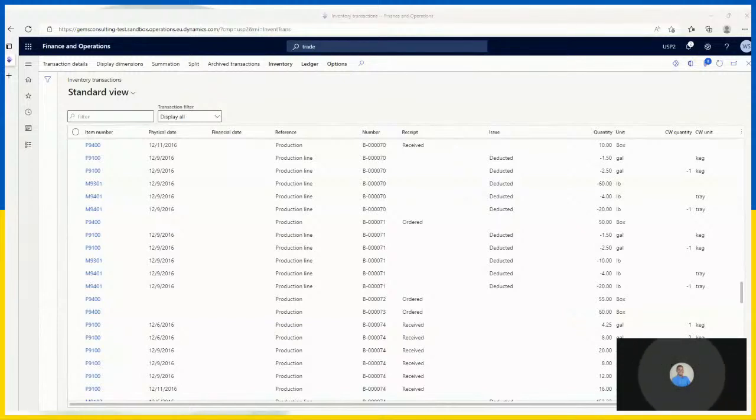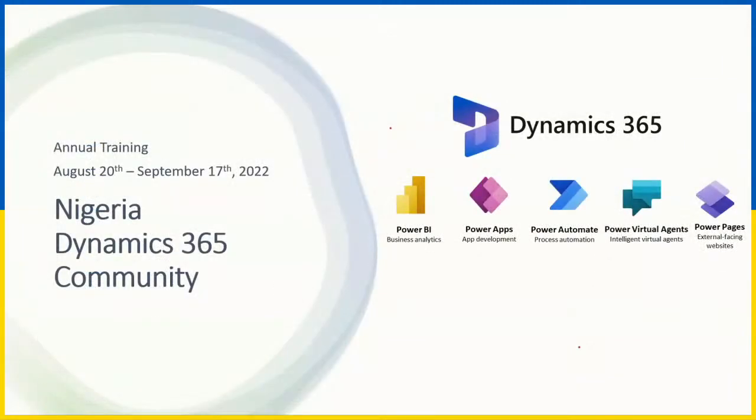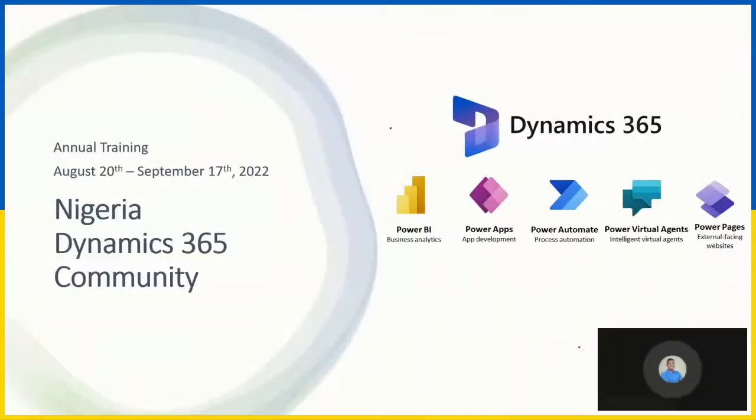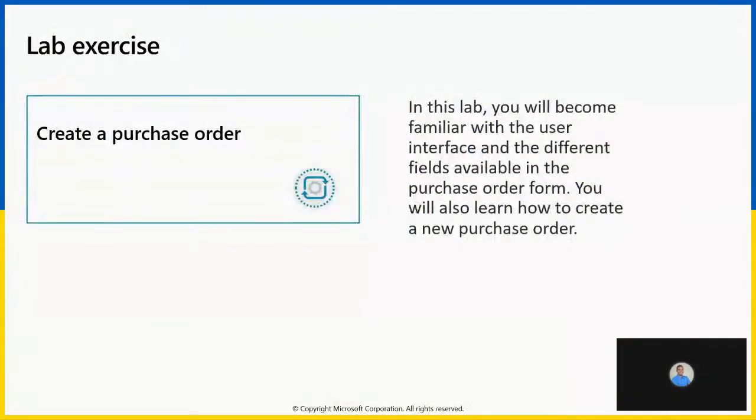Okay, so we have a lab that says create a purchase order, which we've done earlier. So we've seen how we can create a purchase order by going to the procurement and sourcing module, then purchase order. We also have our vendors created before we can go ahead and create our purchase order.